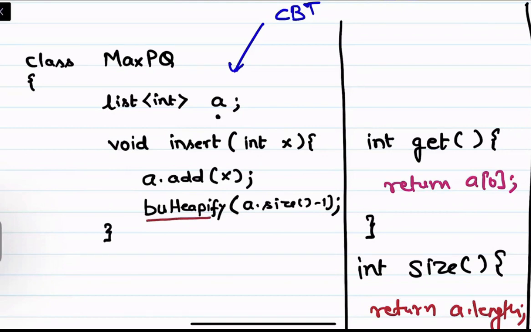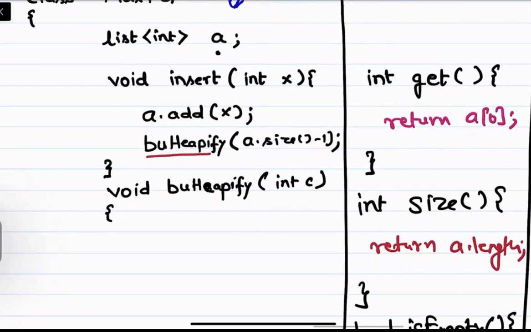So now coming to this bottom up heapify, the array is already available as a data member. So we are fixing it on some index C. How do you move it up? Again, we think of writing a recursive function. If you are at index C, how do you find its parent?